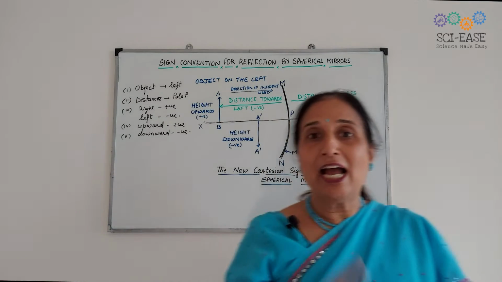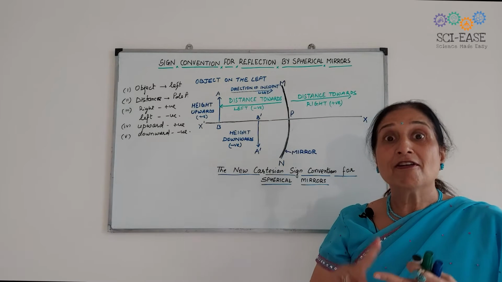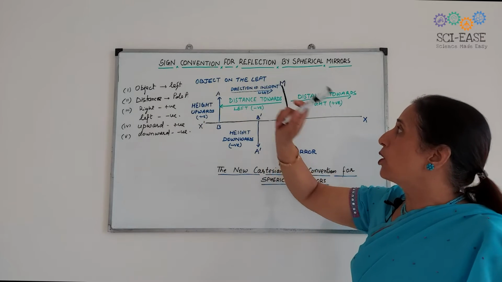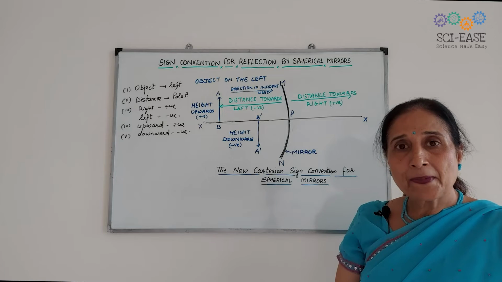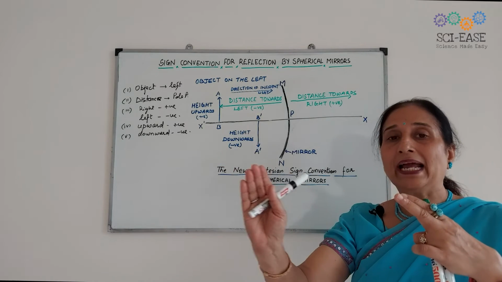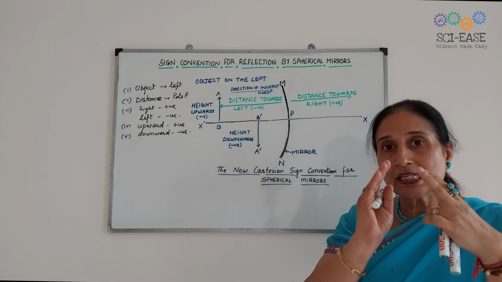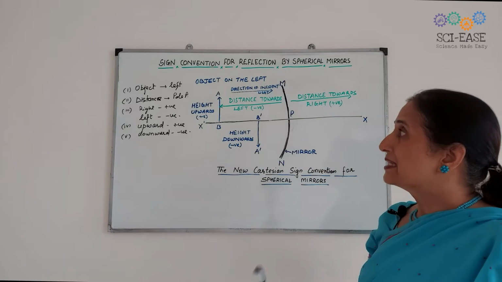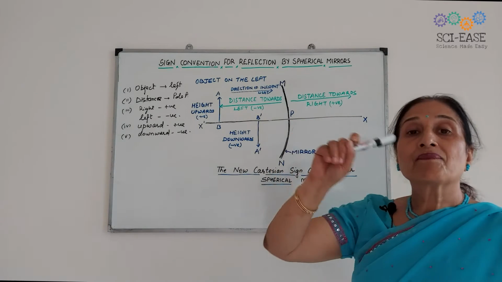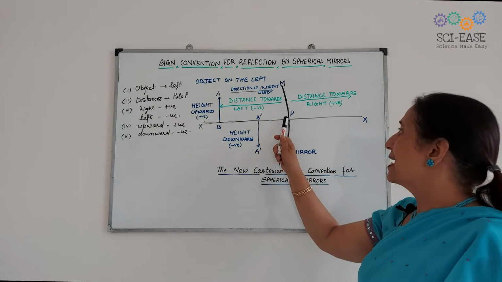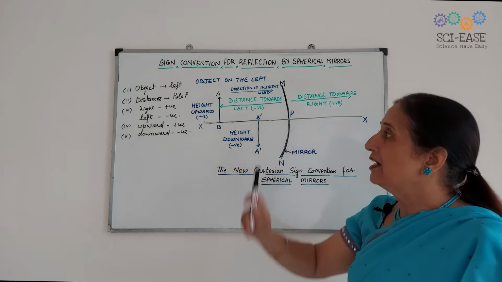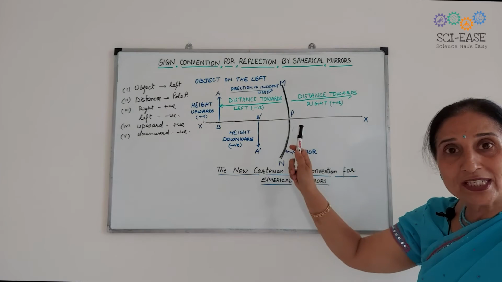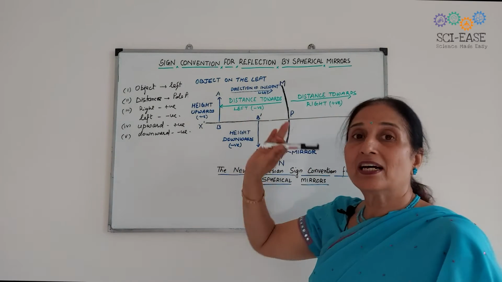So in all, I have told you five sign conventions. The first one is that the object is always placed on the left-hand side, and the rays of light start from the object and strike the mirror from the left-hand side. Second, all the distances parallel to the principal axis are measured from the pole. Third, distances towards the right are positive and distances towards the left are negative.